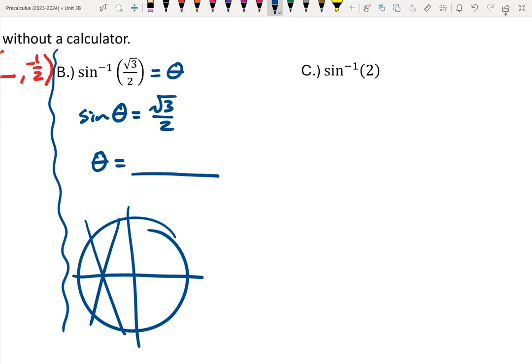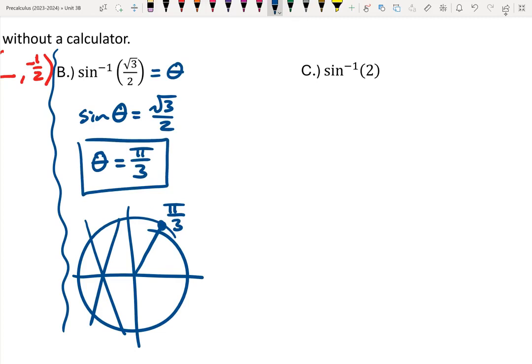Pi over what? Pi over 3, good. If we go up to pi over 3, that puts us at positive root 3 over 2. A nice thing about quadrant 1 is that that would be our answer, because that's already between negative pi over 2 and positive pi over 2. So our answer would be pi over 3. The other place where sine is equal to root 3 over 2 is 2 pi over 3, but that's in quadrant 2, which is beyond our restriction. It's outside, so we don't want it.